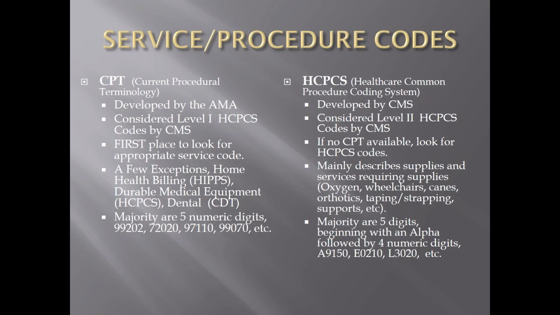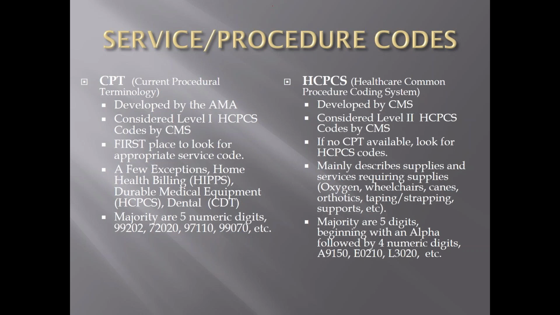There are other code sets such as home health billing, those are called HIPS codes; durable medical equipment, which are HCPCS codes; dental CDT codes. The majority of the codes that you're going to be working with under CPT are going to be 5 numeric digits, and they'll look something like the ones that are shown on your screen now: 99202, 72020, 97110, and so on and so forth.